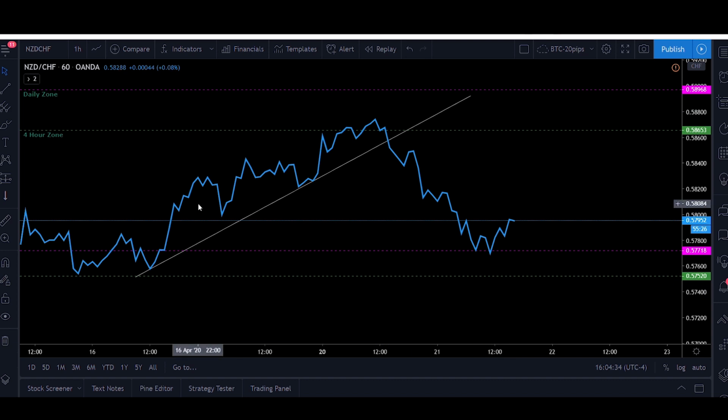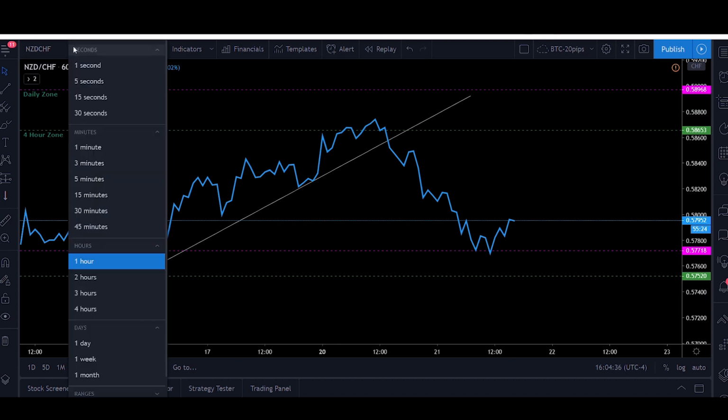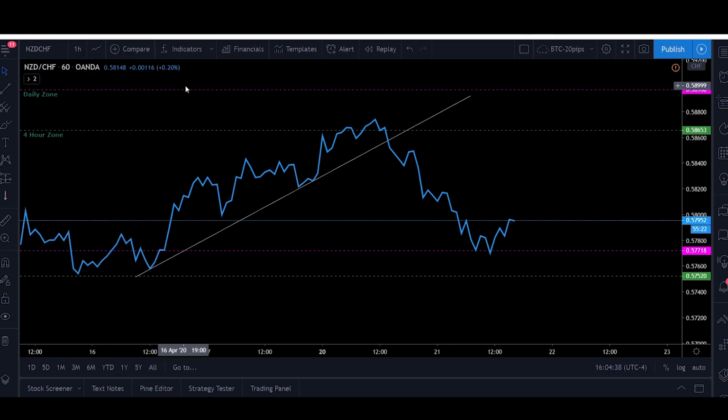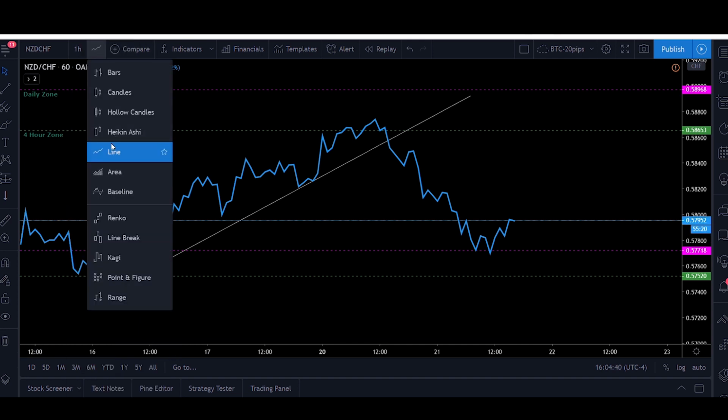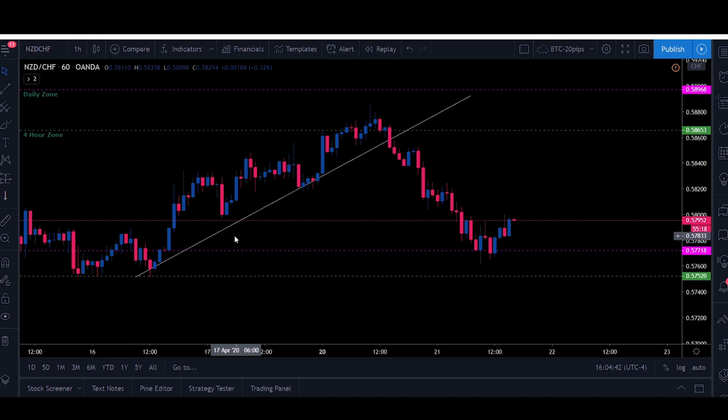Okay? You switch back to the candlesticks. And this is what you do. As you can see, this market has already made its move to the downside.